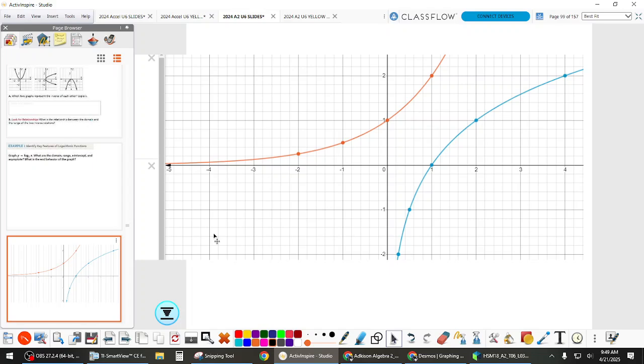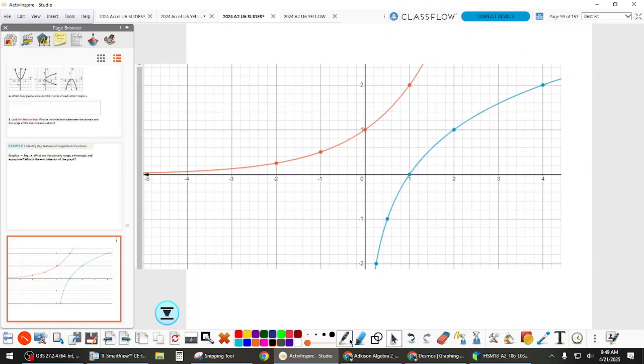Sometimes students think that this is going to flatten out up here, but it doesn't. Okay, it keeps going, it keeps getting bigger, it just doesn't do it very quickly.